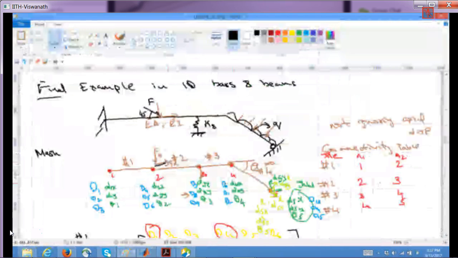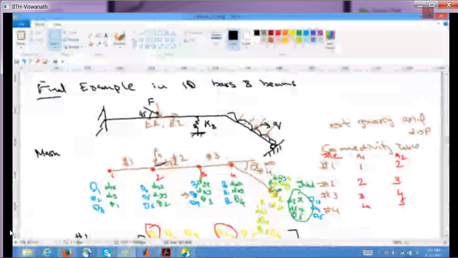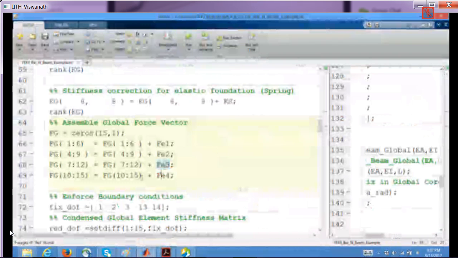I already converted into global through the transformation, so I'm not worried about the local quantities. I'm just worried about the global ones: 10, 11, 12, 13, 14, 15, 10 through 15, is coming from the fourth element, and you have to add it to the previous thing.